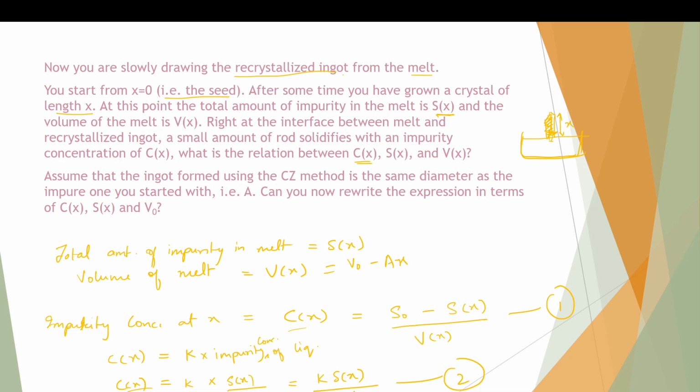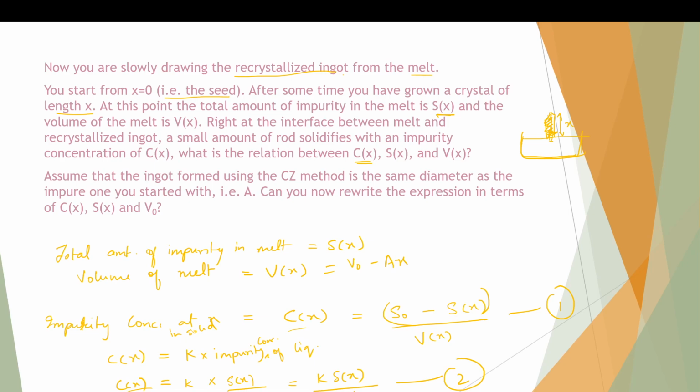And the first equation is basically just that, as you said, C of x is the impurity concentration at x in the solid. So that will be S naught, the total impurities, minus the impurities in the melt. So this will give me the impurities in the solid times the volume of the solid.